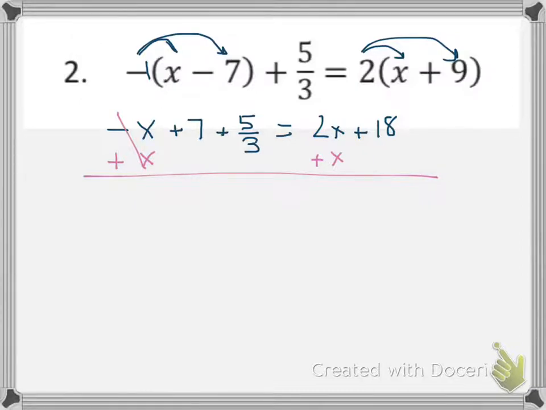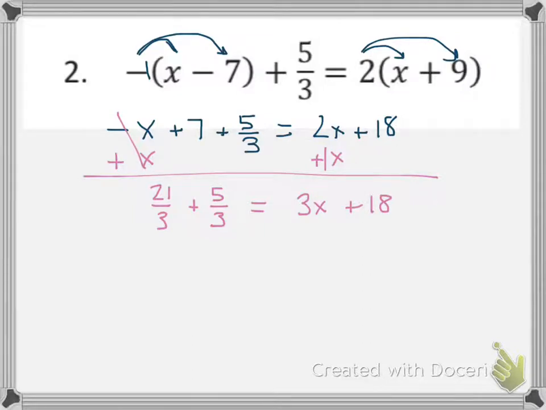So I'm going to think of the 7 as 21/3. 21 divided by 3 is 7, plus 5/3, and then we'll simplify that in the next step. That'll make that addition much easier. And then left on the right side, we have 2x plus 1x is 3x plus 18.